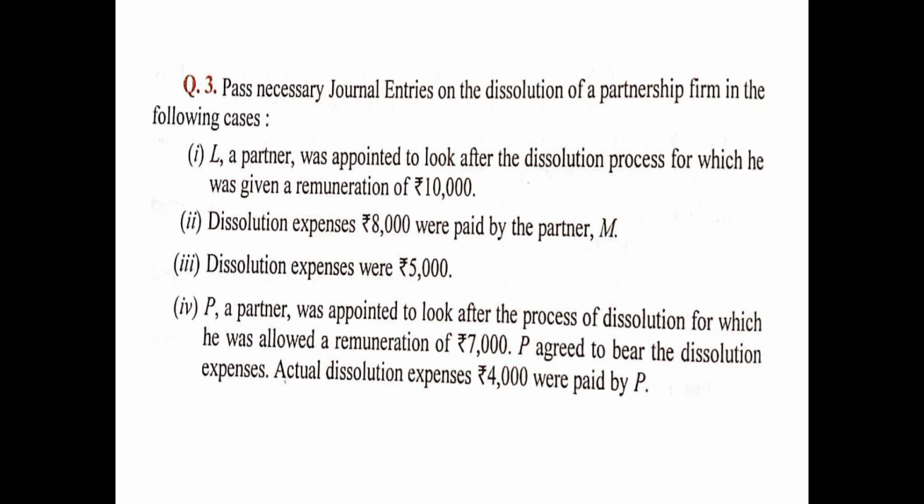Then point number 4, P, a partner, was appointed to look after the process of dissolution for which he was allowed a remuneration of 7,000.